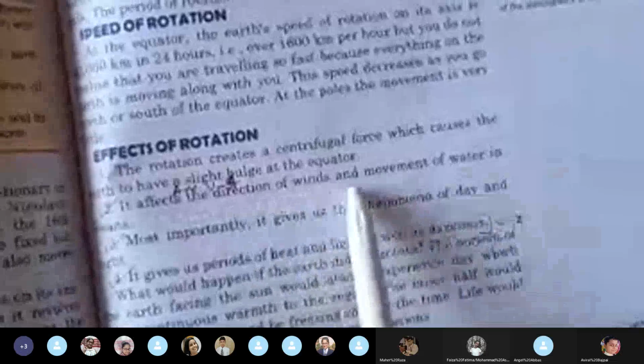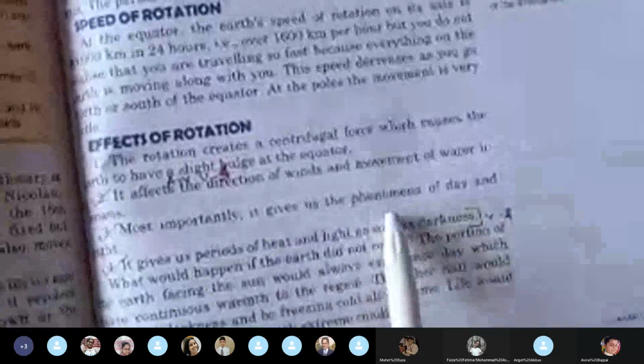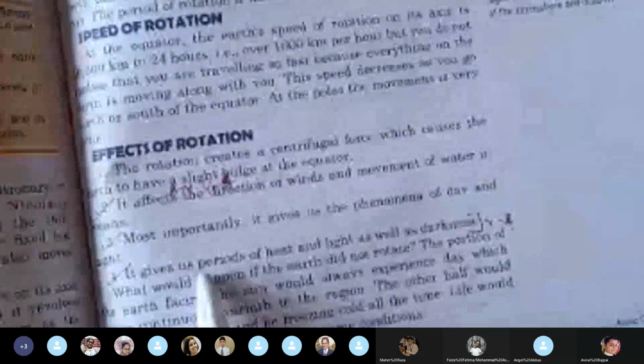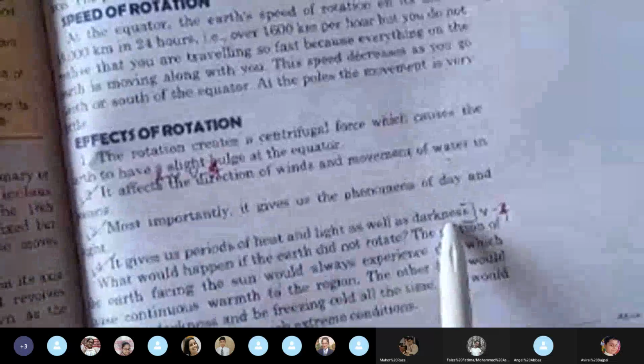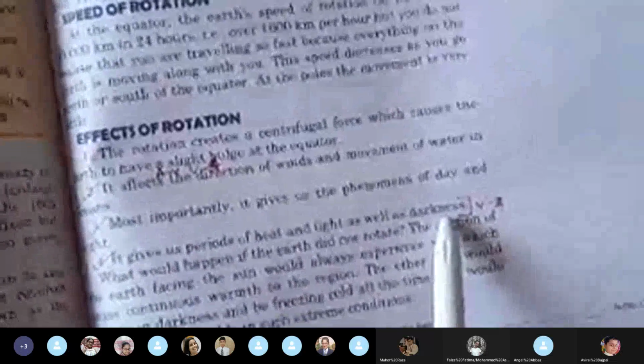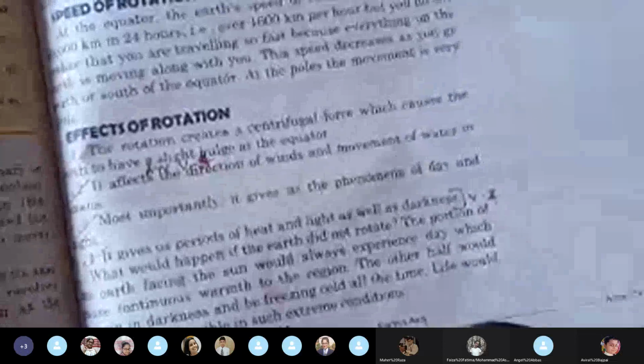You will not write the first point. You will write the second point. It affects the direction of winds and movements of water in the oceans. Number 2, most importantly, it gives us phenomena of day and night. Number 4, it gives us periods of heat and light as well as darkness. This is your answer, 5-4.